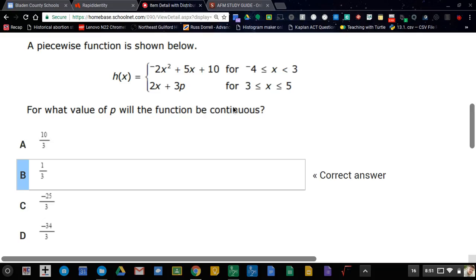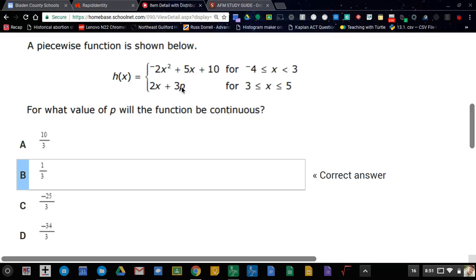So if they're asking the value of p that would make this continuous, then I'm looking on here and I see I'm graphing between the values of x equal -4 and x equal 5, but the boundary point is at x equal 3. So you need the y value here to be equal at x equal to 3.